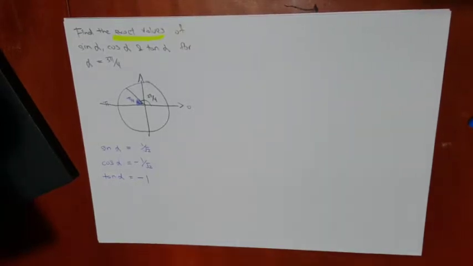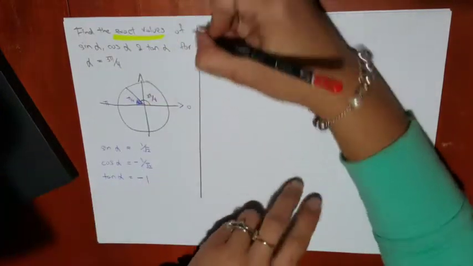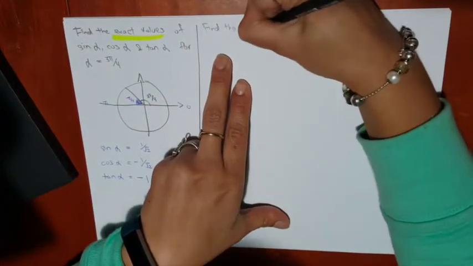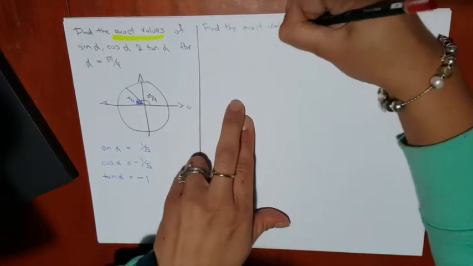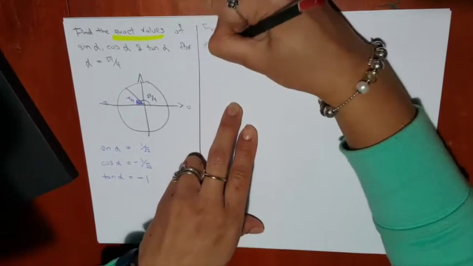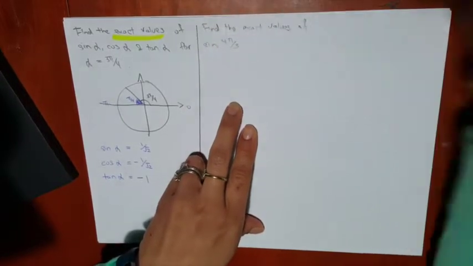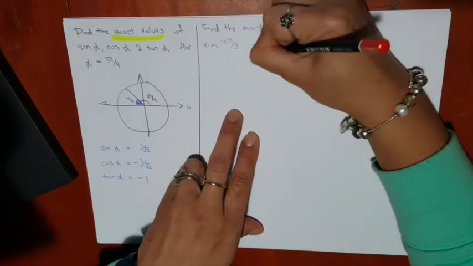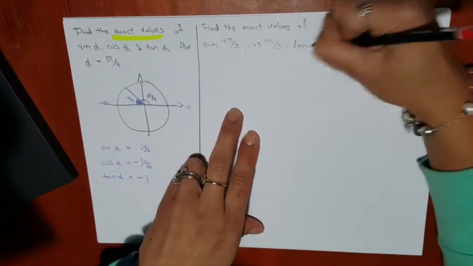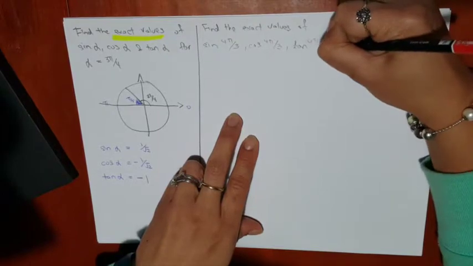So now that we know how to do this, let's do another question that is sort of similar. Again, we have to find the exact values of sine 4 pi over 3, cos 4 pi over 3, and tangent 4 pi over 3.